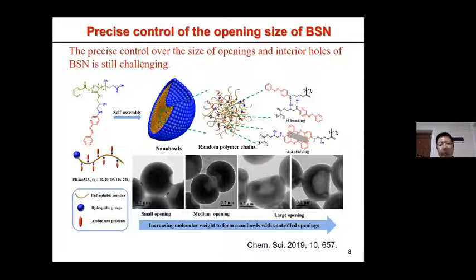With the increase of molecular weight of the homopolymer, we found that the size of the openings of the bowl-shaped nanoparticles gradually increased.